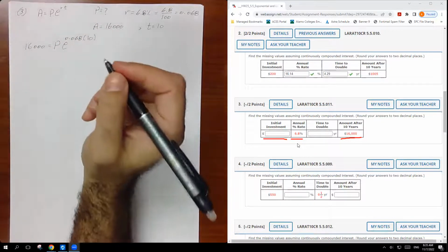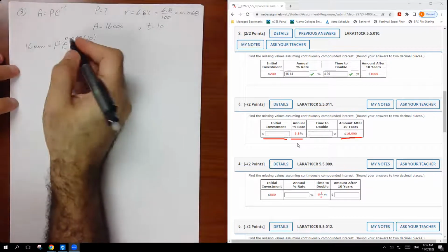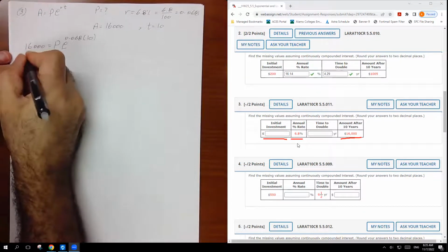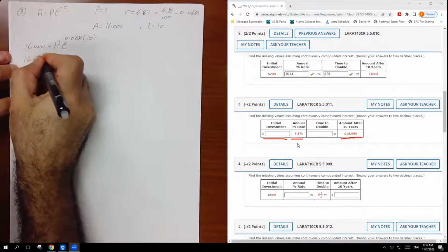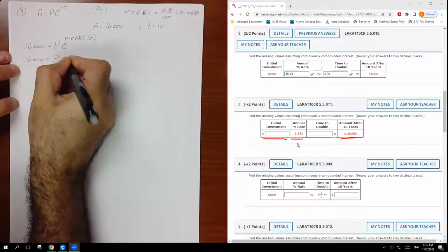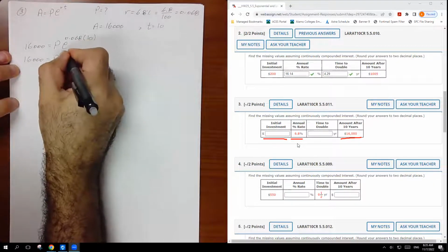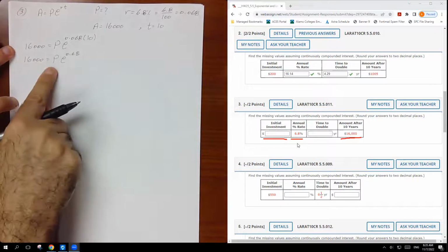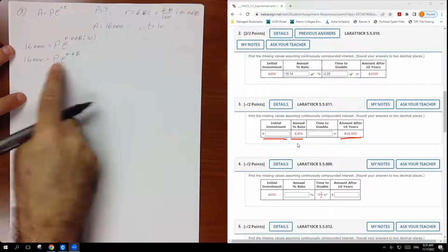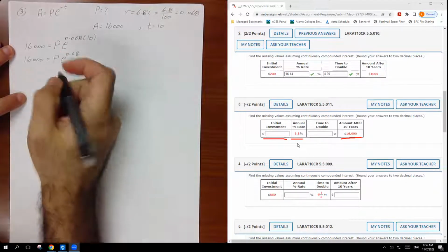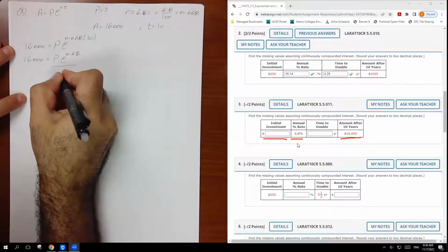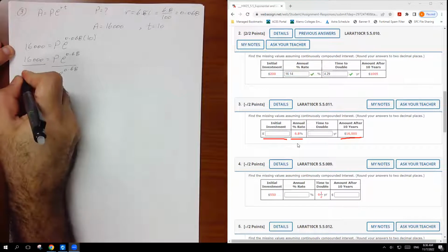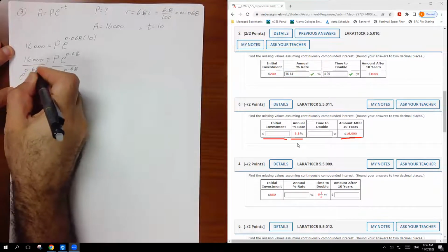I'm going to simplify it because I can multiply these two. So 16,000 is going to be equal P e, multiply these two, so it's going to be 0.68. Now my goal is to find P. P is the variable, so I can divide both sides by e to the power 0.68.